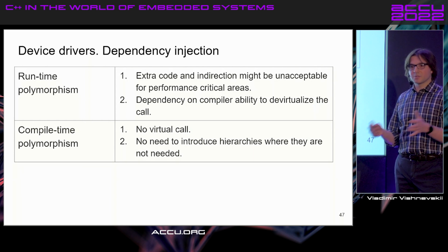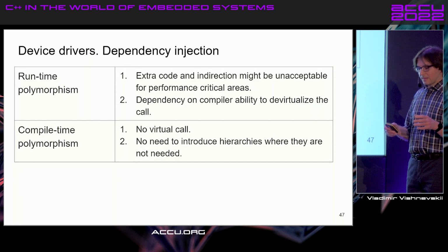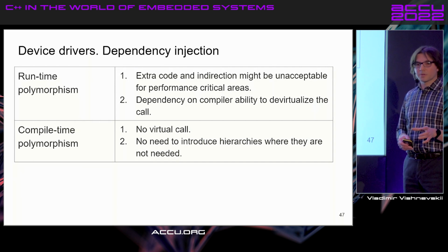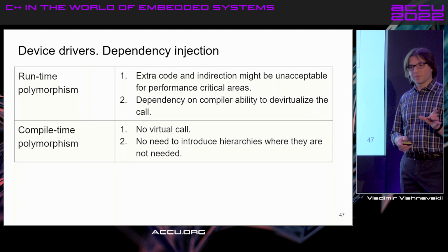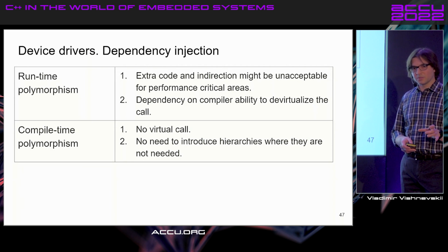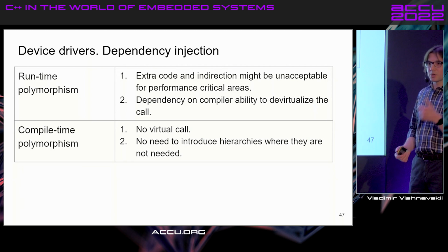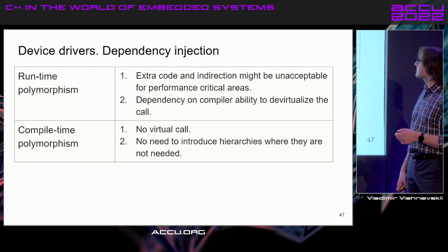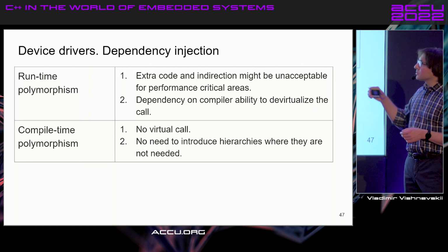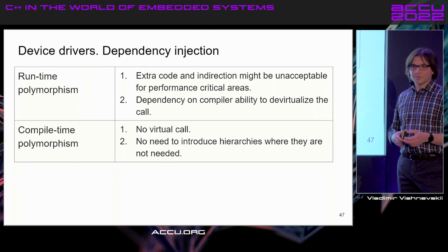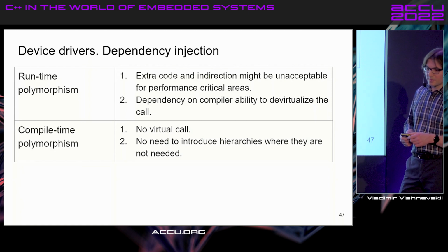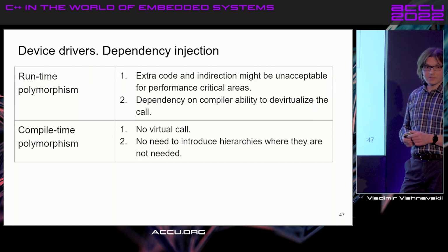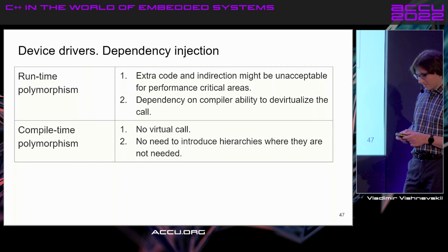Otherwise, we will have some indirection and the overhead of the virtual call. This can be critical for the performance part of the code, because the extra code that should be executed to implement this indirection is actually an overhead. And not to be dependent on the compiler's ability to remove that is important for portability, as it is not available in every compiler that can be used for embedded development.